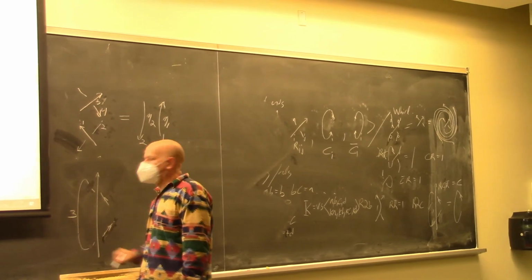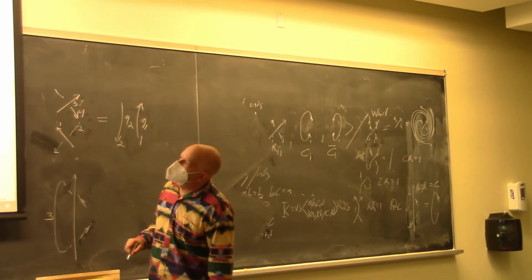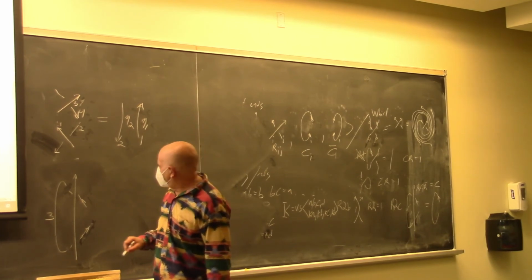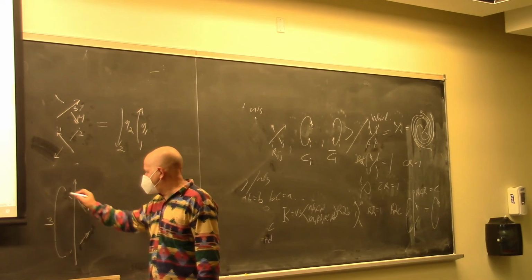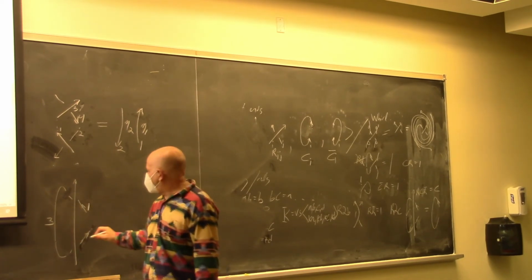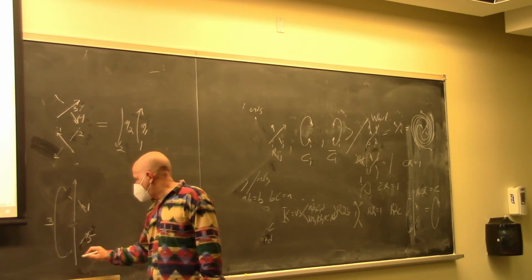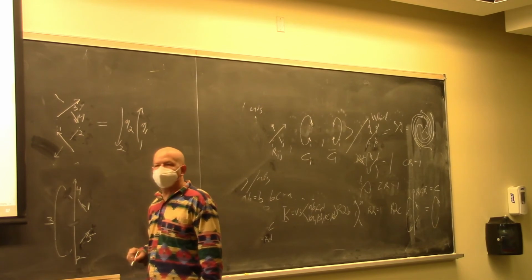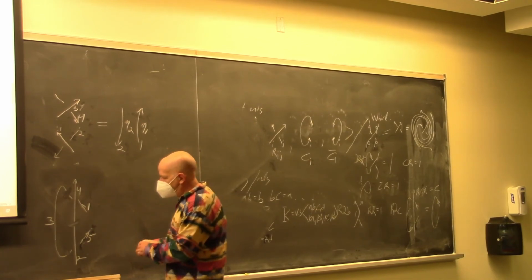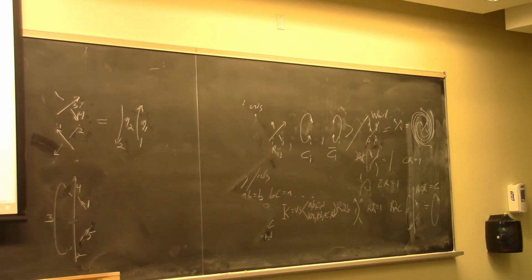So this is tensor factor 3. This is tensor factor 1. This is tensor factor 5. This is tensor factor 2, and this is tensor factor 4. So what I have here is a C3.